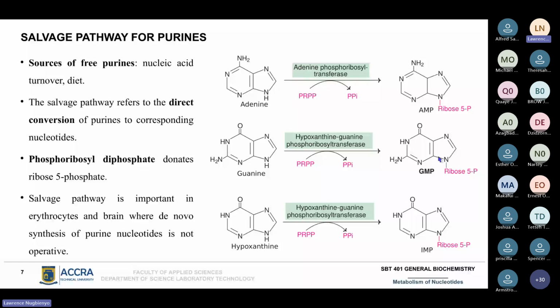And then you also have another one, which is hypoxanthine. This is not a nucleotide which is involved in the synthesis of the nucleic acid, RNA or DNA, but it is to form that parent molecule, inosine monophosphate, from which you can have the synthesis of adenosine monophosphate and guanosine monophosphate.